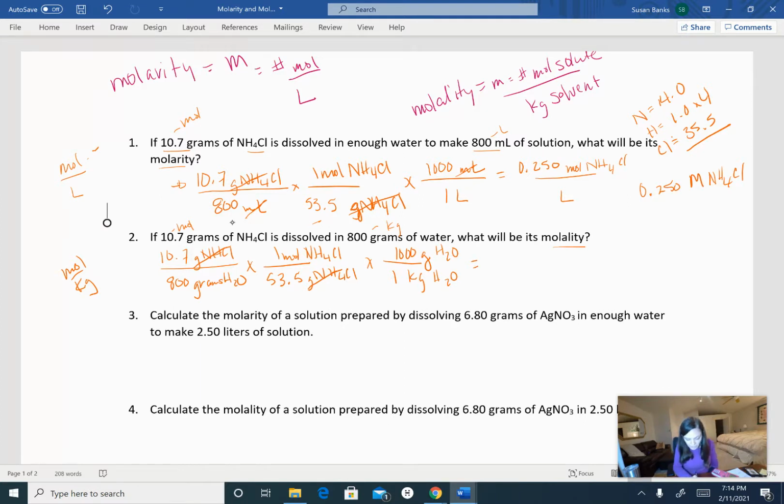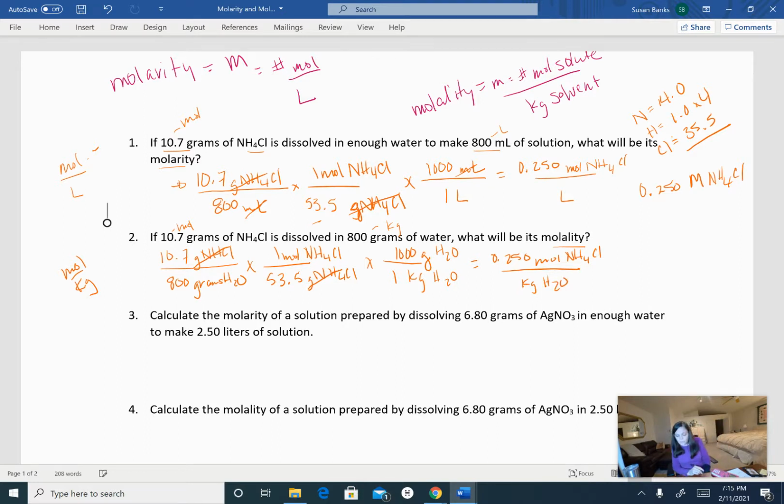So I have pretty much the same things here. So 10.7 divided by 800 divided by 53.5 times 1,000 divided by 1, that still gives me 0.250 moles of ammonium chloride per kilogram of water.